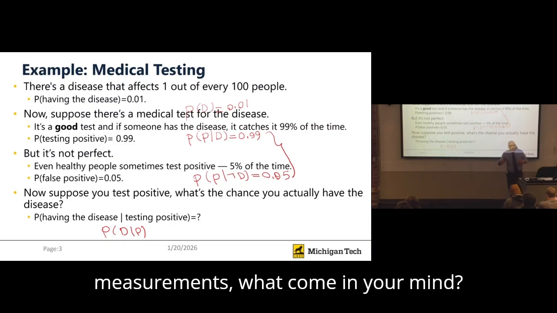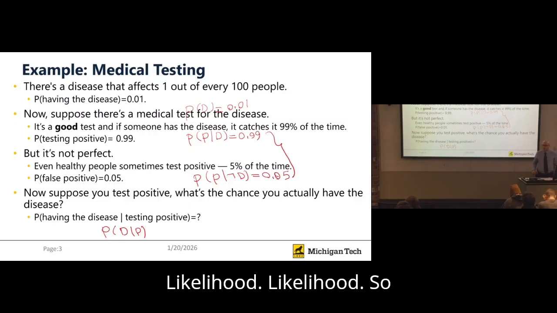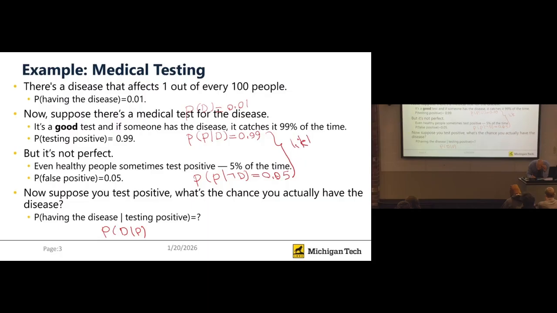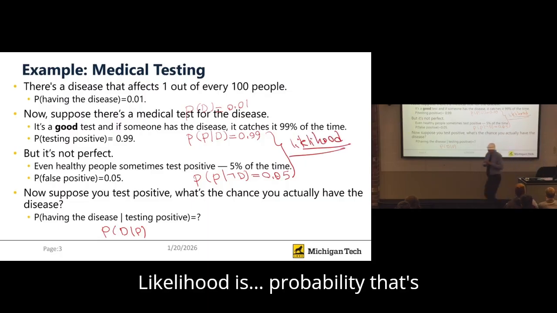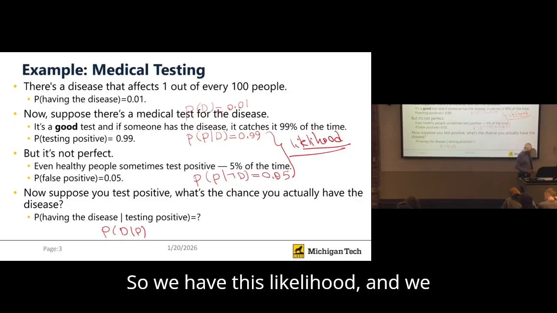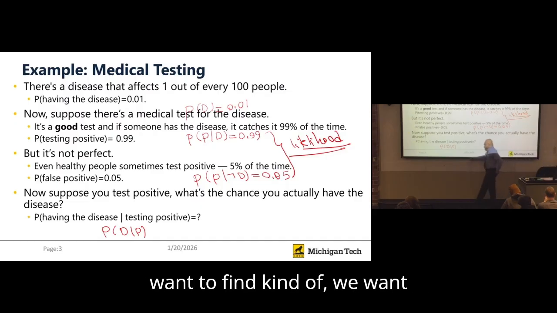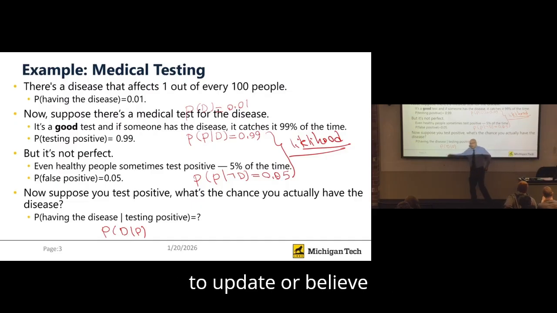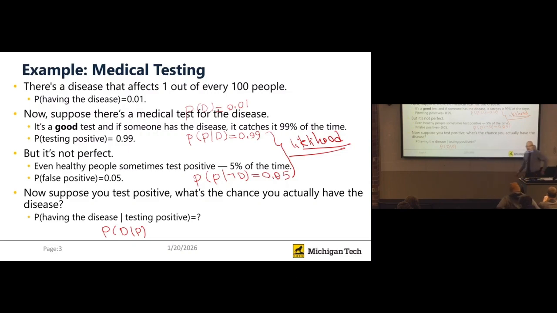Every time we have measurements, what comes to your mind? Likelihood. So this is likelihood. Likelihood is a probability that's related to measurements, observations.